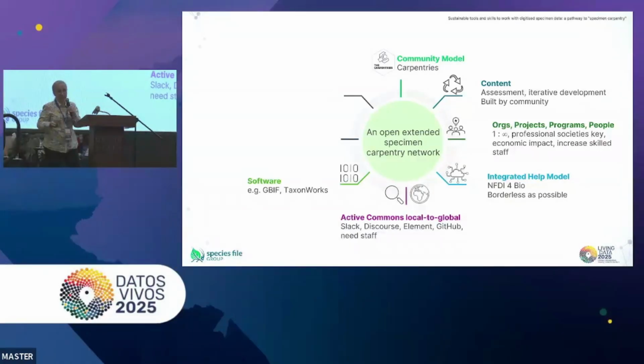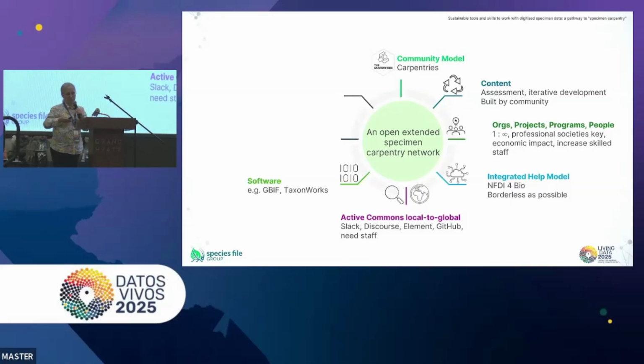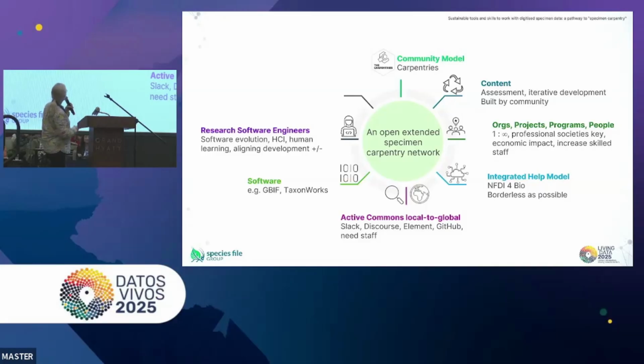For example, validation, so that your data is more FAIR before it goes out to GBIF. We're coupling that with giving you the skills to learn about ontologies and then put that information in the software to start with, so when the data goes out the door, it's already there. So we need to continue to work with our research software engineers.